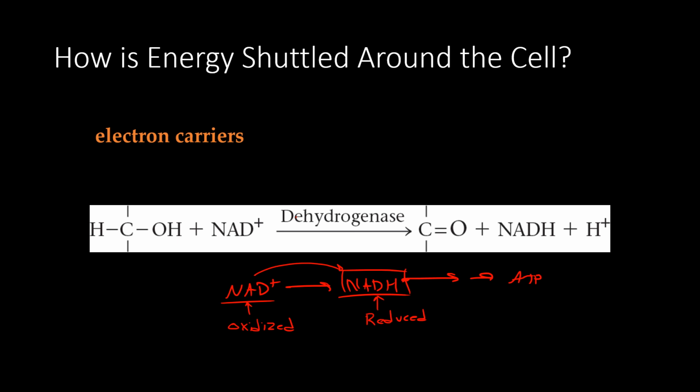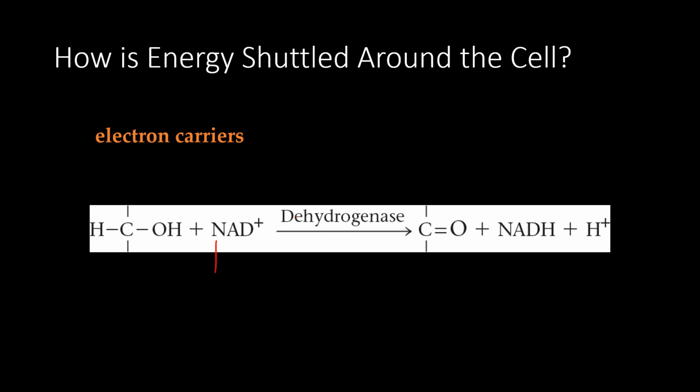In addition to nicotinamide adenine dinucleotide, we're also going to run into its little cousin, FAD. Let's be right here: it's FAD, it just doesn't have a positive charge. FAD is flavin adenine dinucleotide.